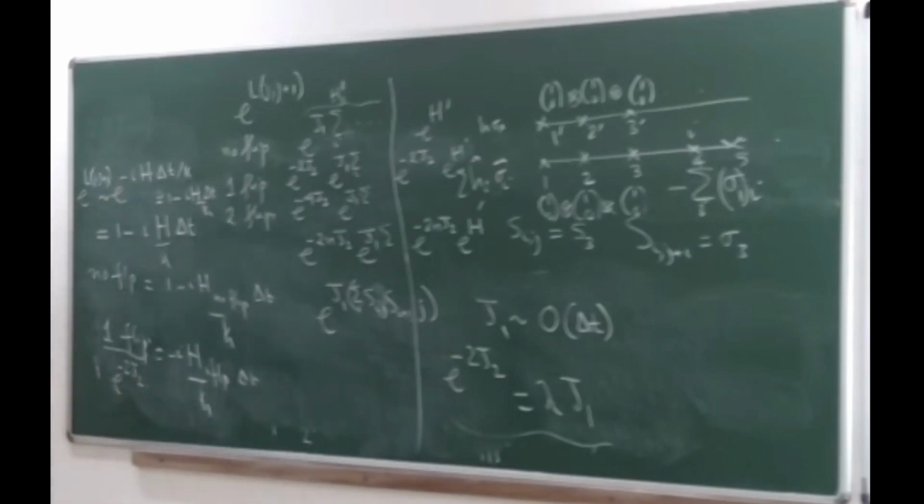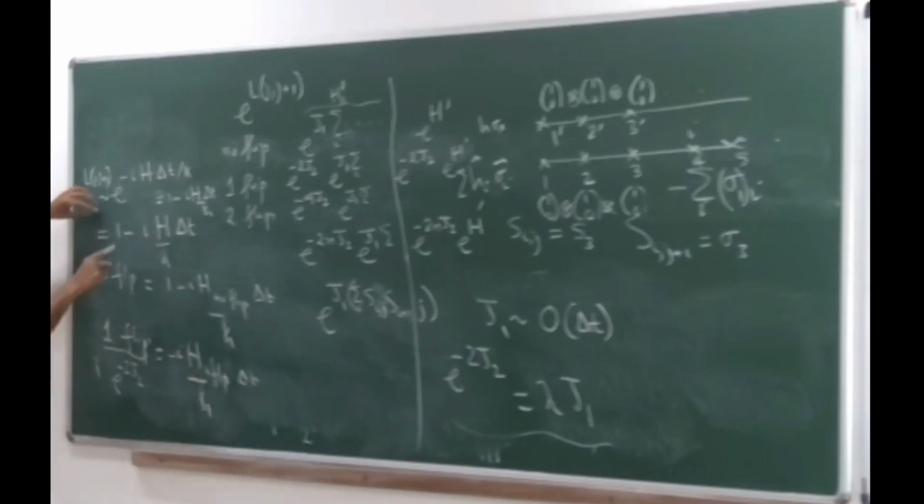On the other hand, the one flip matrix element has to be, this part contributes only to the diagonal elements, but not to the one flip. So in the one flip, only this can contribute, and therefore this part is H1 flip times delta t.